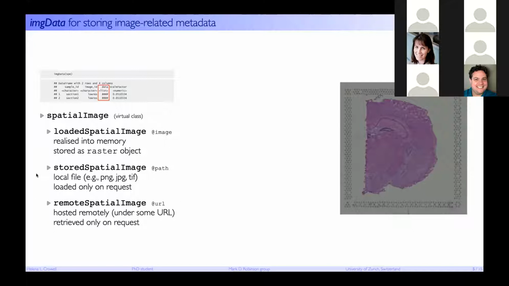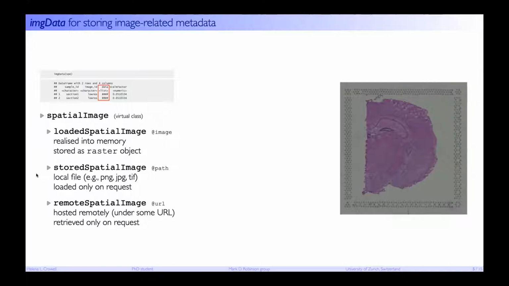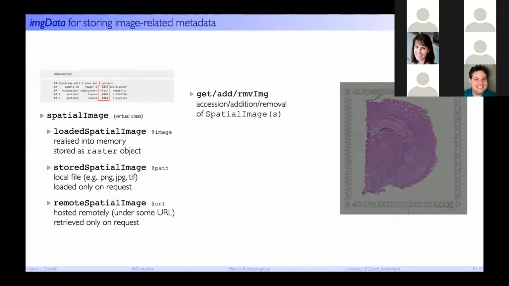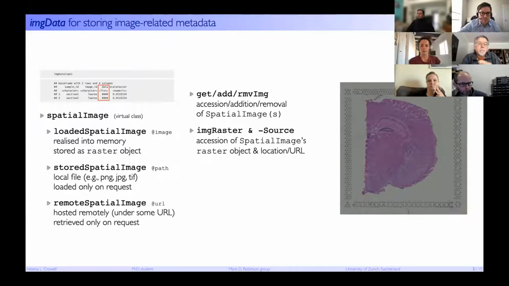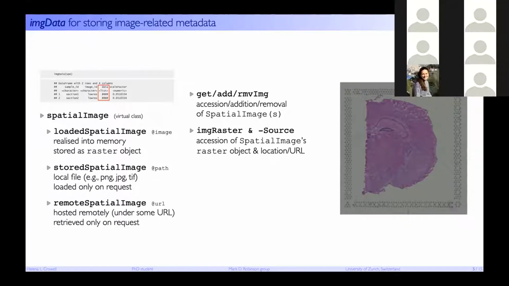And for this image data, we implemented a couple of methods. So first of all, getImg, addImg, and rmvImg for accession, addition, and removal of spatial images. And secondly, the imgRaster and imgSource accessors to retrieve the data stored inside of a SpatialImage. So for a StoredSpatialImage or a URL, that would be the location of the image.